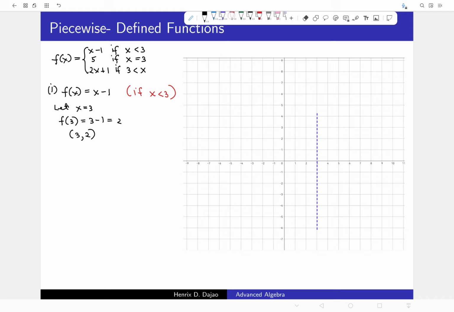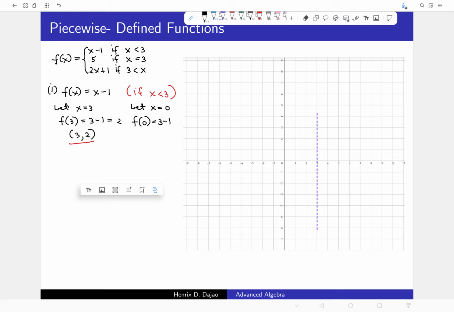So we have 1 point already. We pick another point in this domain because we're only to consider those x's that are less than 3. Let's say I pick 0. So we let x be 0, so that becomes f of 0.